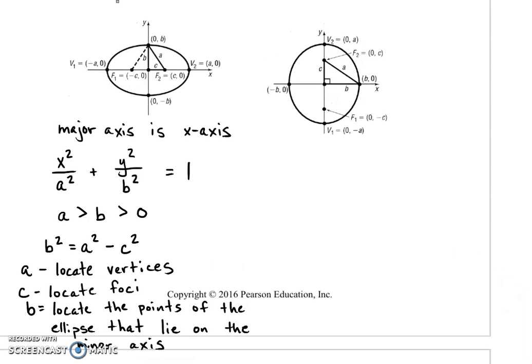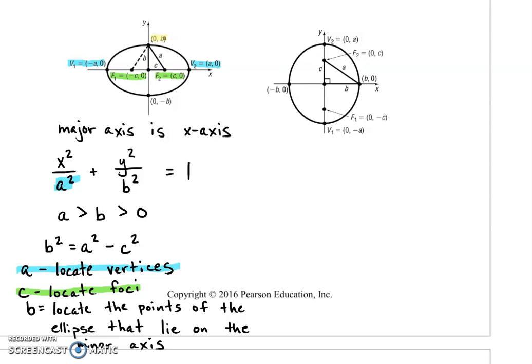If you can see here, a locates the vertices because the coordinates of the vertices are negative a, 0 and positive a, 0. The foci are negative c, 0 and positive c, 0. So that's why we say c locates the foci. And then b squared is given by subtracting a squared minus c squared. We're essentially using the Pythagorean theorem more or less.